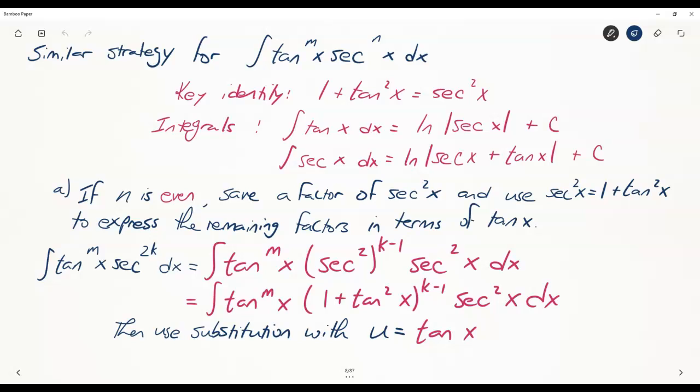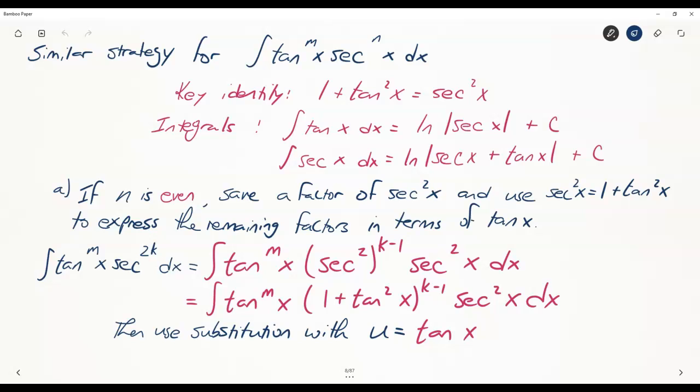I've taken off the two factors of secant that we were going to break off. This is going to be my du right here. I want to take the remaining factors of secant. Notice that it's k minus 1 now, because if I take two factors away, this goes to 2k minus 2, right? Factor the 2 out, so it's 2 times k minus 1. And that's the same as taking secant squared raised to the k minus 1 power.